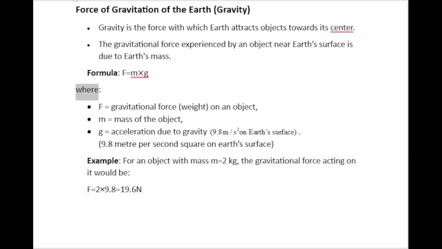where F is equal to gravitational force, weight, on an object. m is equal to mass of the object. g is equal to acceleration due to gravity, 9.8 meter per second square on Earth's surface.